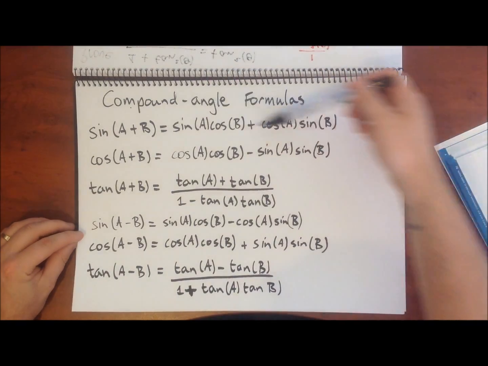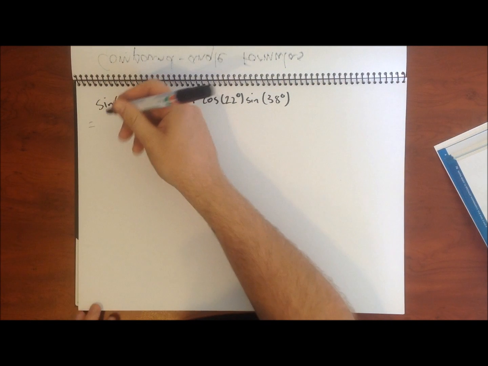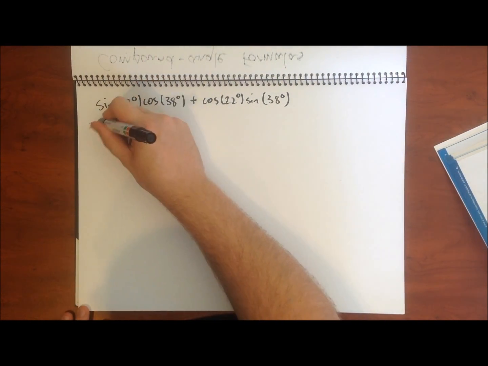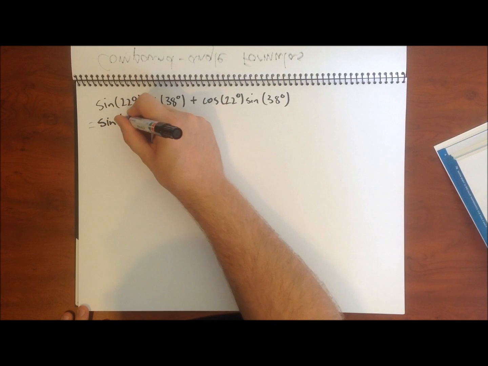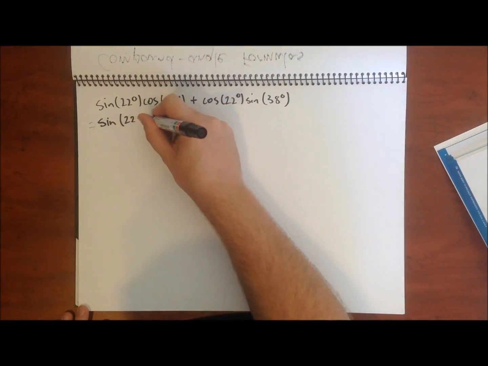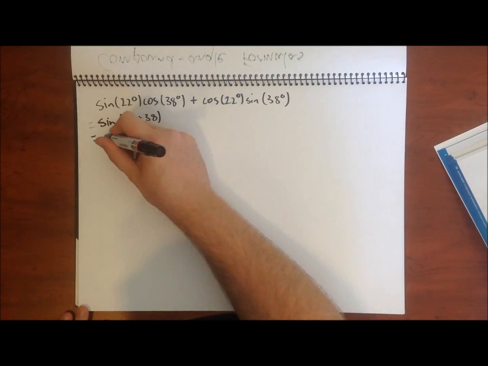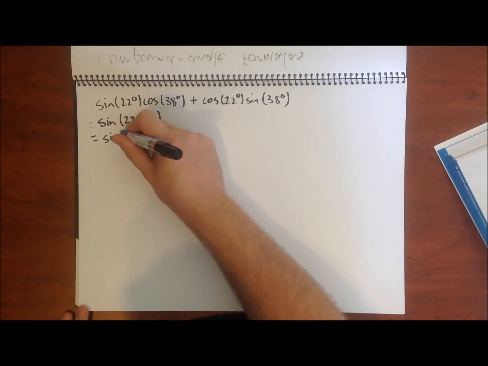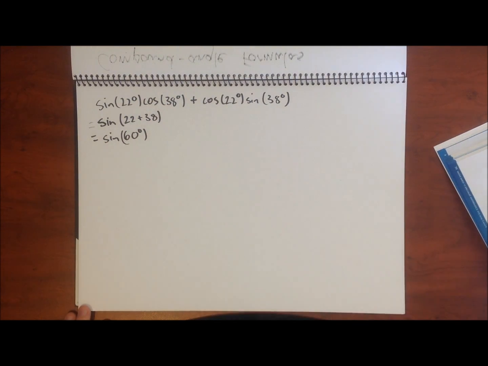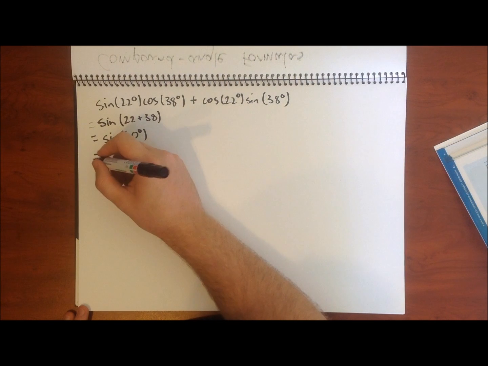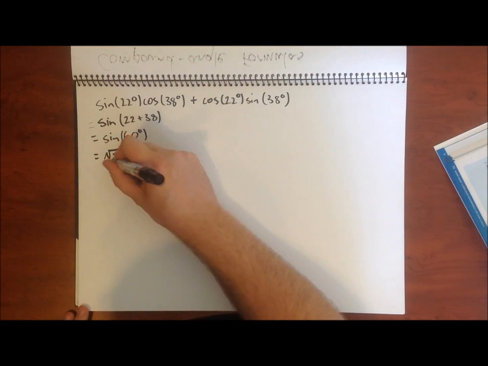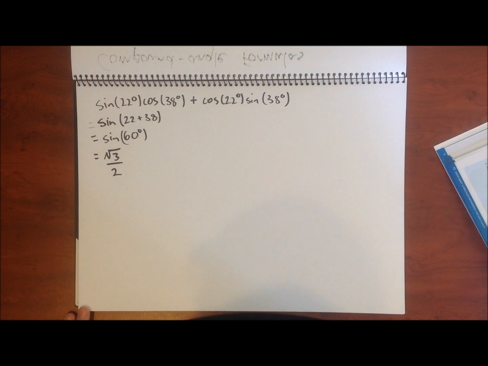So it's going to be our first case here. Okay, so we can say that is equal to sine of 22 plus 38. Okay, so we're going to be sine of 60 degrees. Okay, and we should all be comfortable now that sine of 60 degrees is equal to root 3 on 2. Okay, one of our exact values.